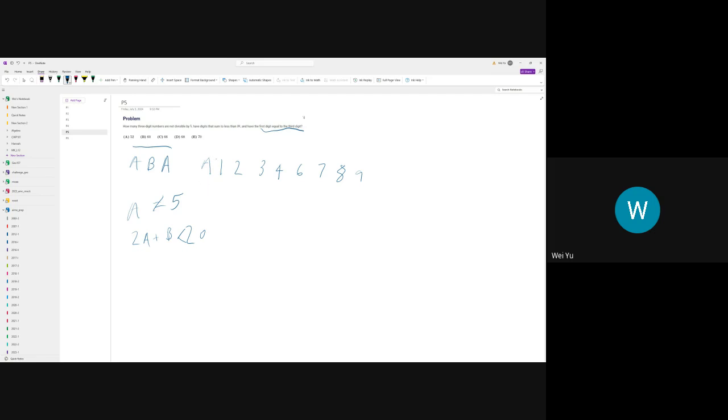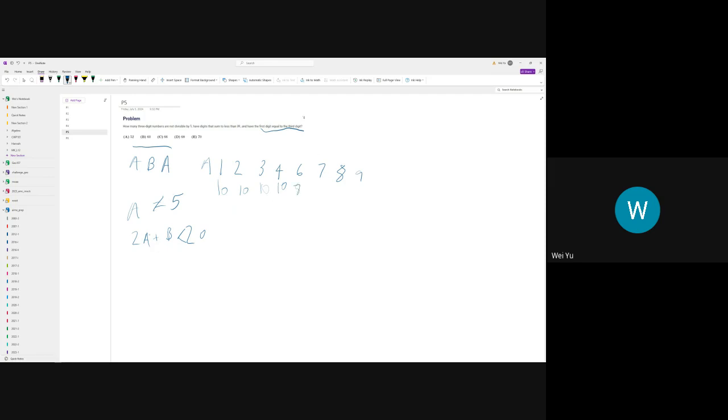If A is equal to 1, then B is less than 18, so there's 10 values of B. If A is 2, then B is less than 16, 10 values. If A is 3, then B is less than 14, so there's 10 values. If A is 4, then B is less than 12, 10 values. If A is 6, then B is less than 8, so there's only 8 values.